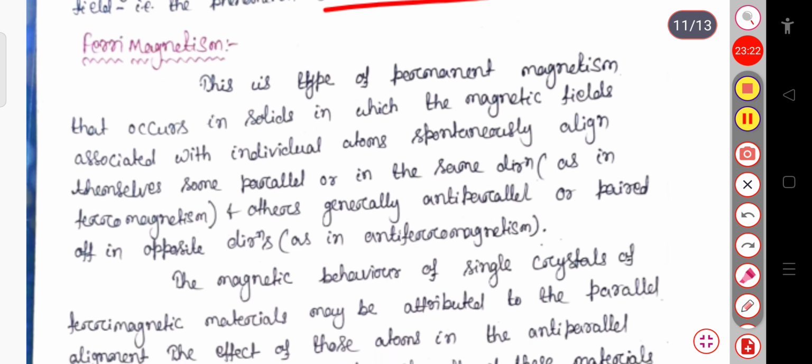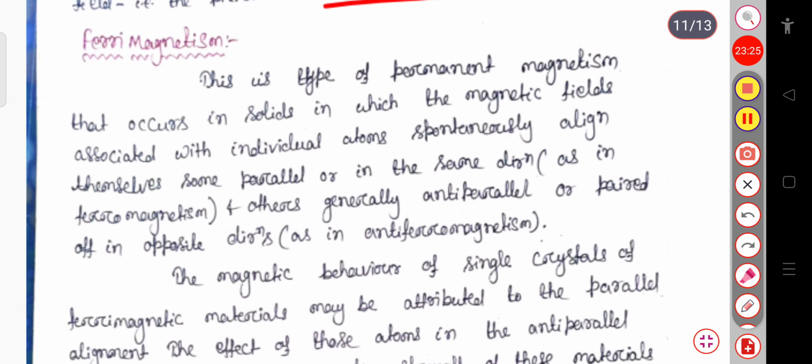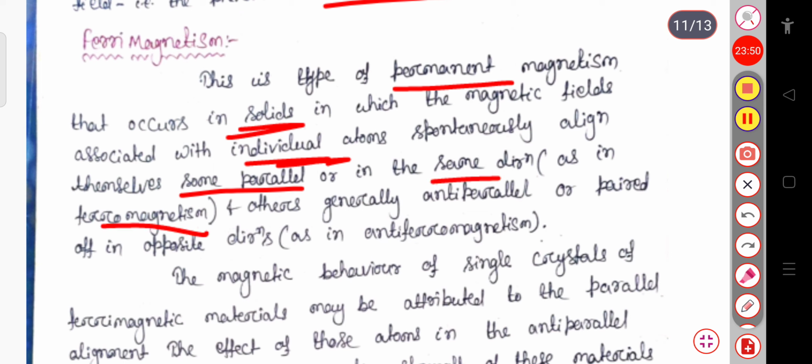Now let us see what ferrimagnetism is. This is just a short note, you can mention it in your copy. Ferrimagnetism is a type of permanent magnetism that occurs in solids, in which the magnetic fields associated with the individual atoms spontaneously align themselves, some parallel or in the same direction as in ferromagnetism, and others anti-parallel or paired off in the opposite direction, as in anti-ferromagnetism.